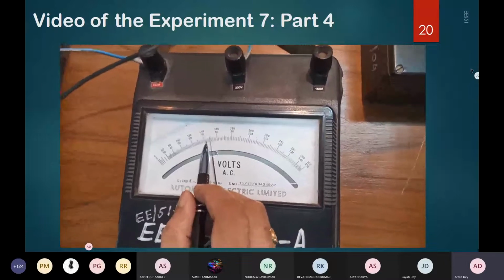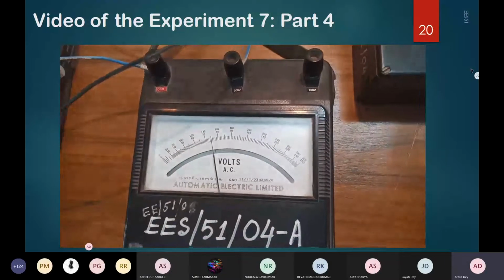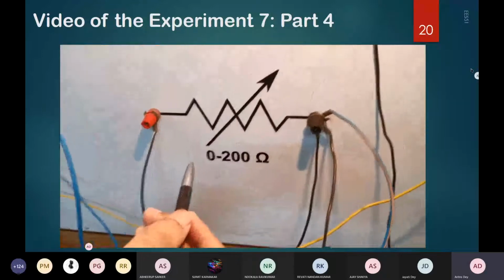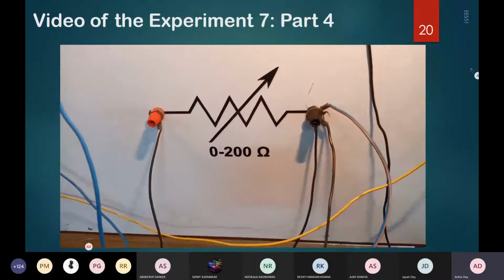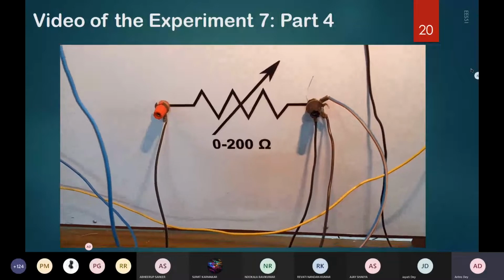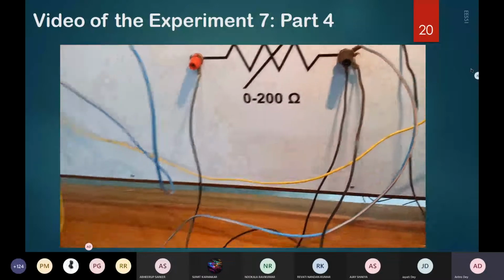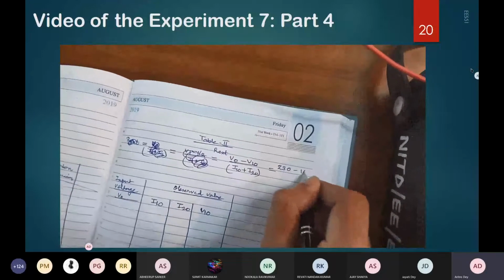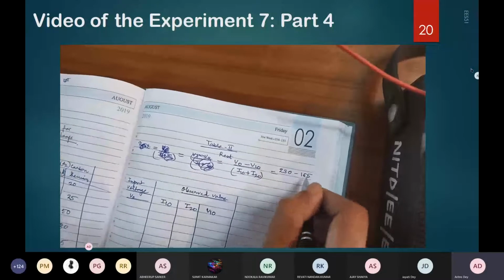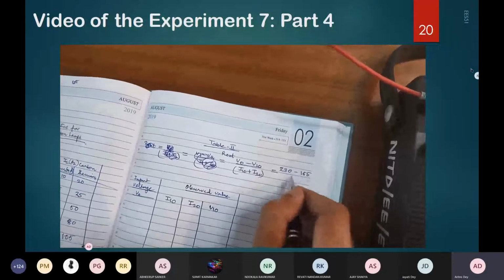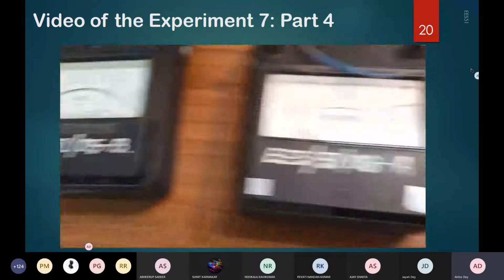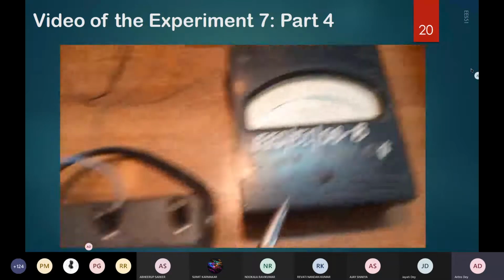This is the drop across your lamps. Then what is the drop across the rheostat? This is your rheostat. So this drop is 230 minus 155. This is your 230 volt input. 155 is the steady state voltage drop across the lamps, and this I10 and I20 is the steady state current through these two ammeters.